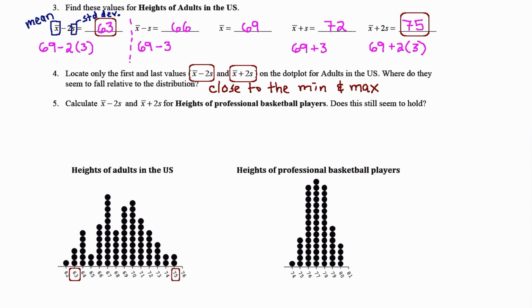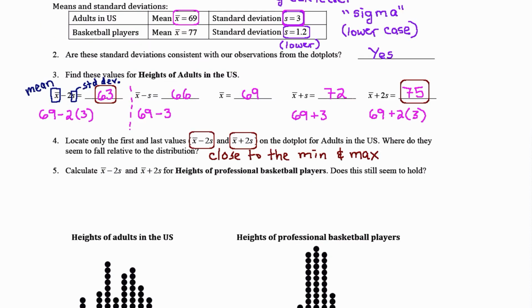They're not quite the min and max, but we can say that they're very close to the minimum and the maximum of the distribution. So let's see if this still holds for heights of professional basketball players. This time we have x bar equals 77 and S equals 1.2.